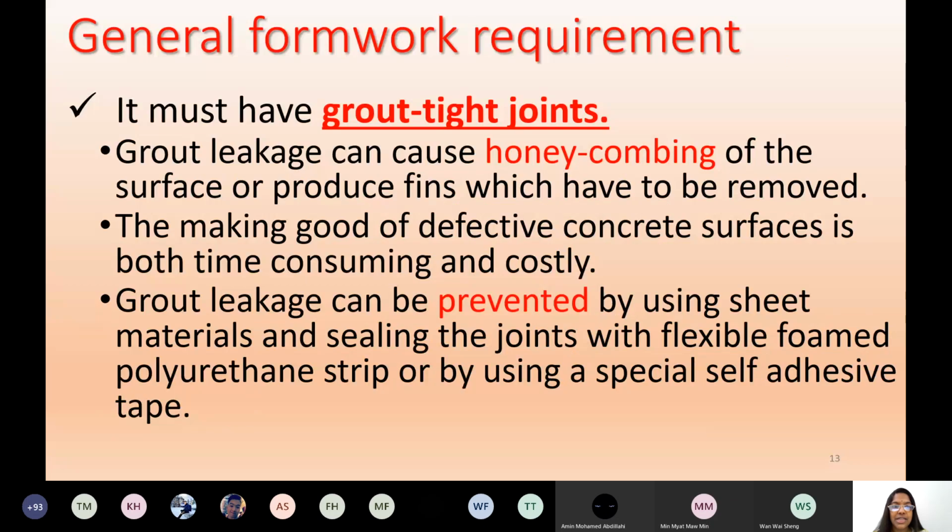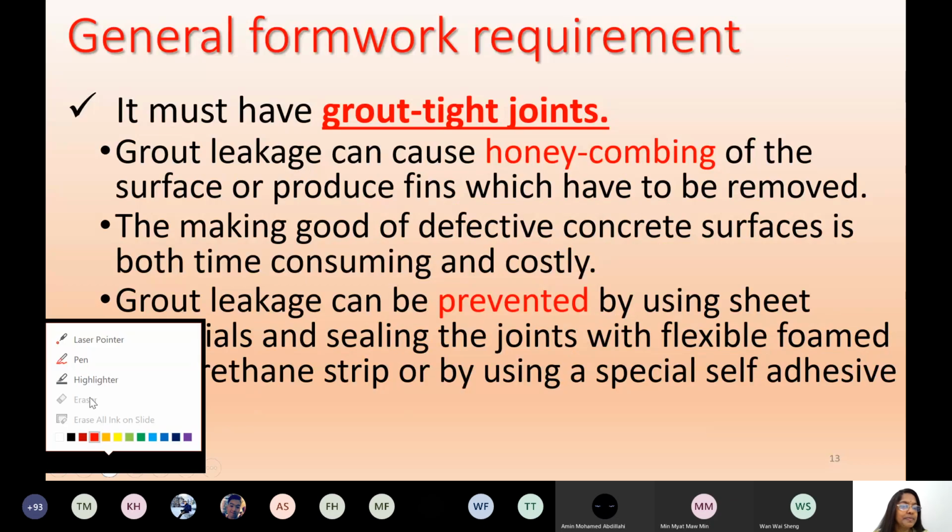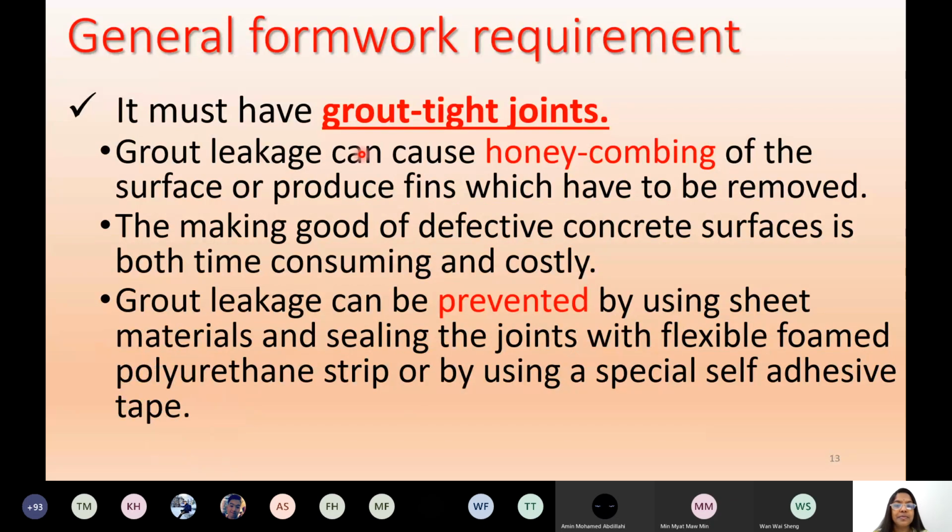Okay, you can see the slide. Formwork must have grout tight joints, generally starting from the joints. Grout tight means that if any gaps are there, you do some grouting.